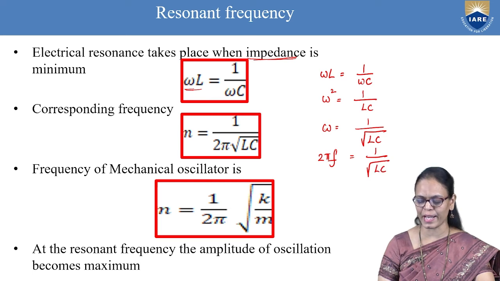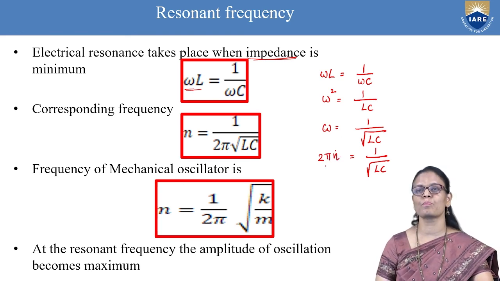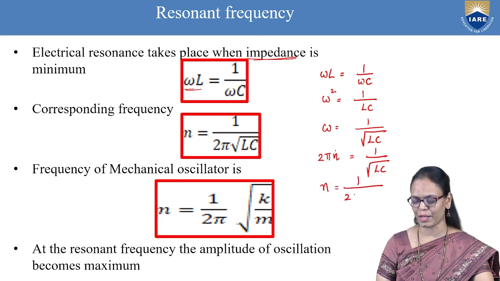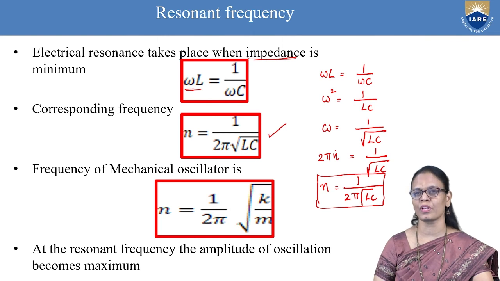I may write it as N also. We can represent frequency by N sometimes or by F. So if you are writing it by N, 2 pi N, then N will be equal to 1 upon 2 pi under root LC. So you can calculate the corresponding resonant frequency.